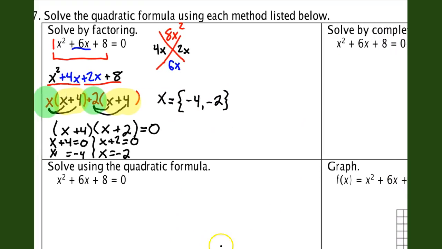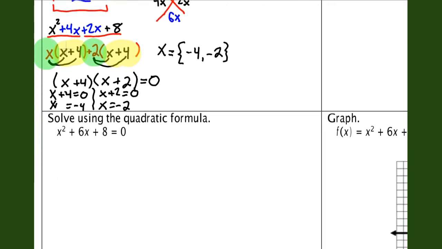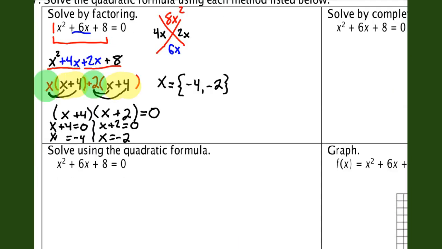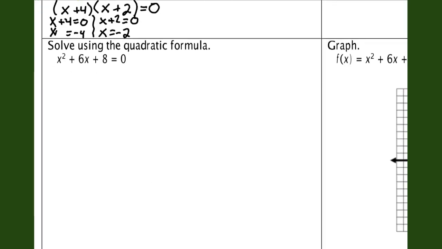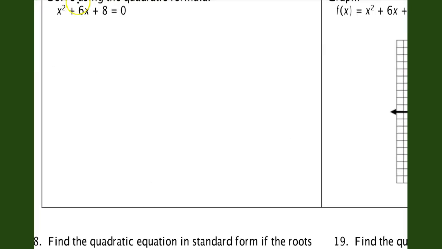So let's do the quadratic formula next. Here we go. We'll use 1 for A, 6 is B, and 8 is C. This only works when we're equal to 0, so if we had some other value on the right-hand side, we'd add or subtract that first, but we're good to go on this one.